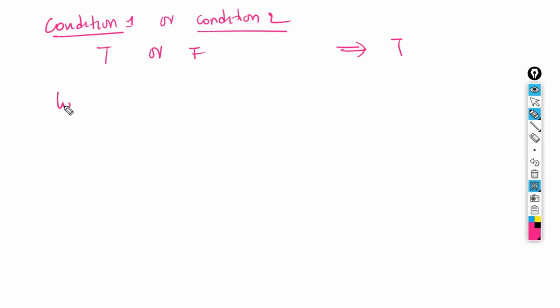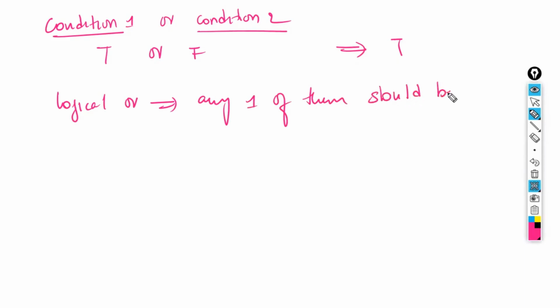The logical OR operator means any one of them should be true. Then only your output is true. If one of them is false, not a problem. At least one of them should be true whenever you are applying the OR operator.